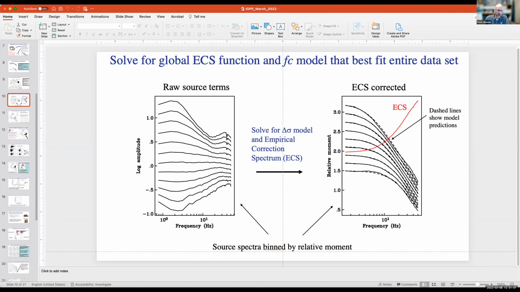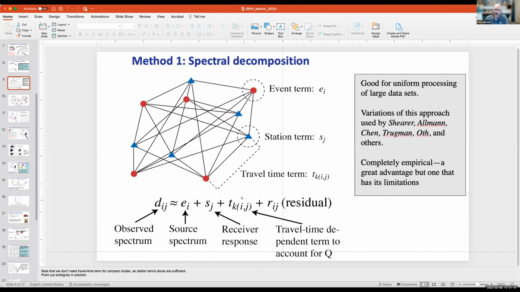And as I said before, this inversion has ambiguity in that we can add something or subtract something from the source term, and then add it to the receiver term or this travel time dependent term. So since we have all these degrees of freedom, we're free to subtract some curve from this to make it more like what we want.